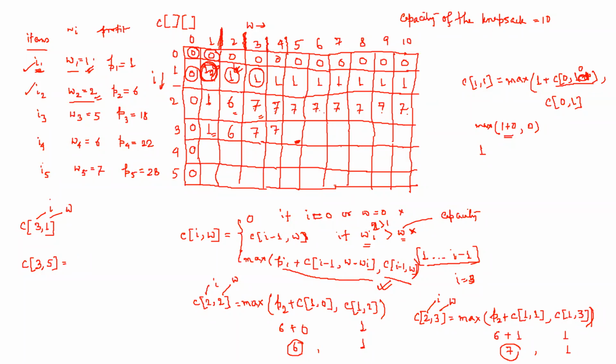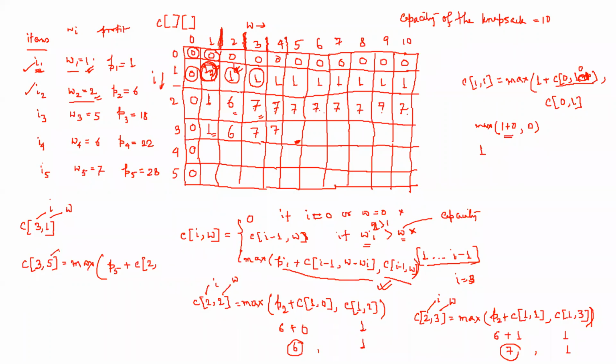Okay, so to calculate C35, we have to calculate the maximum of P3 plus C I minus 1, so 3 minus 1, that means C2, then W minus Wi.